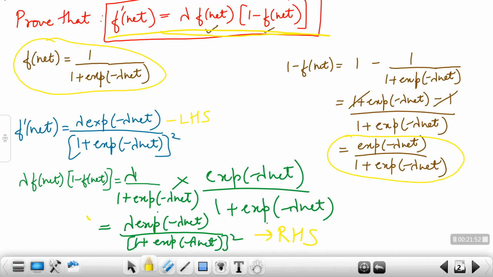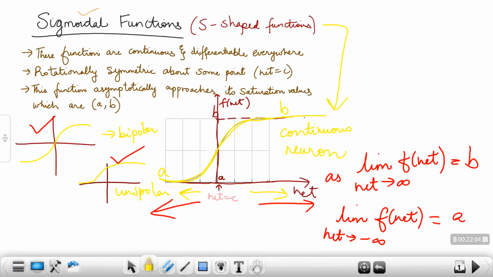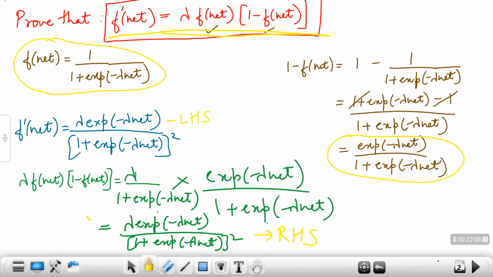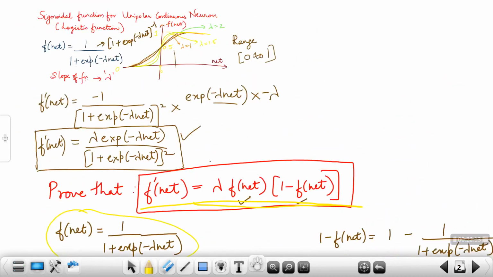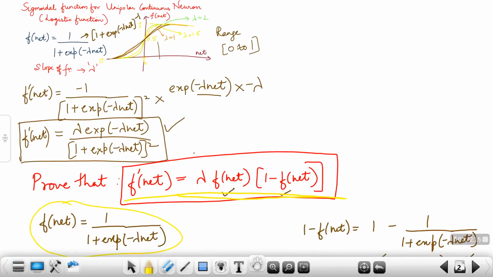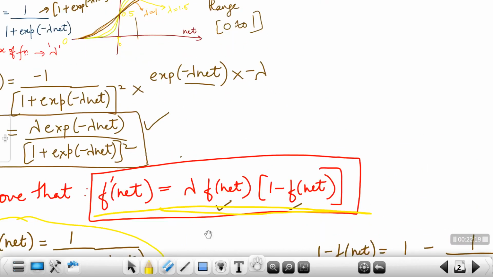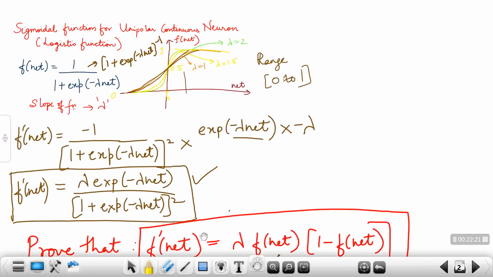what is the advantage of this particular type of function? Sigmoidal function for unipolar. Coming back to this sigmoidal function, we shall write some points with respect to this particular function.